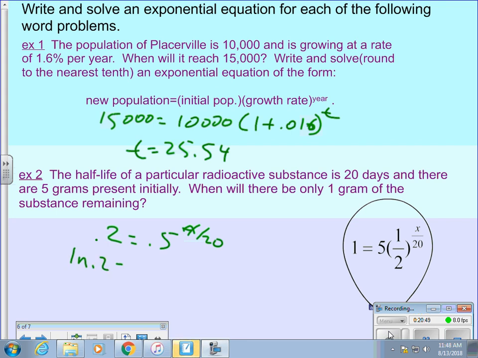Natural log of 0.2 equals x over 20, natural log of 0.5. Divide both sides by the natural log of 0.5 and multiply by 20. So natural log of 0.2 divided by the natural log of 0.5 times 20. And I get x equals 46 years, give or take.